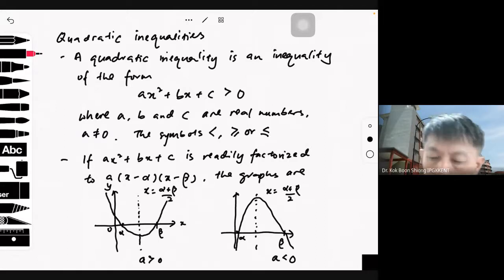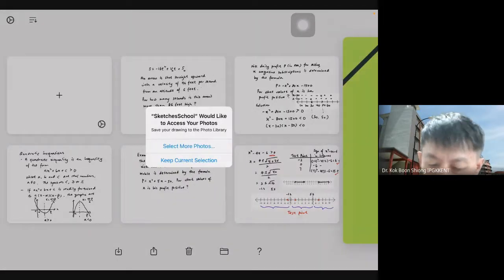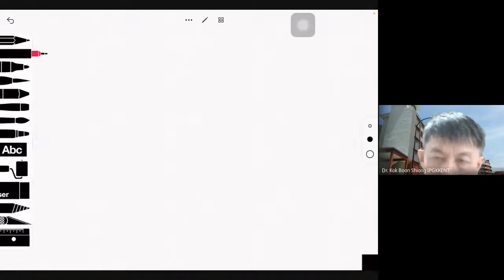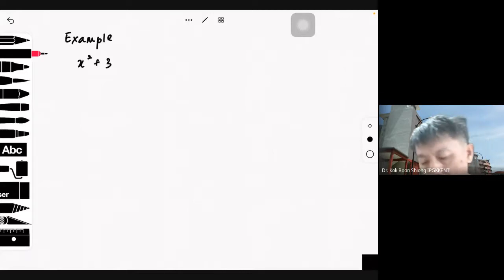Let's move on to the first example. x squared plus 3x minus 10 larger than 0. What is the first step?